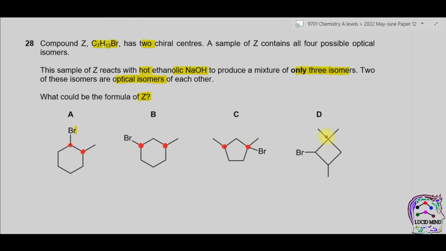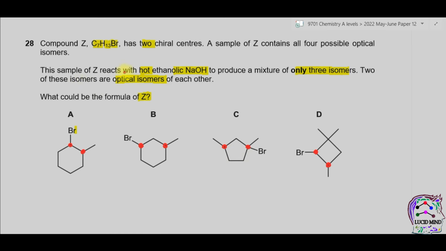So this carbon is not chiral because it is attached to 2 similar groups which are CH3. And this carbon is attached to a bromine atom, a hydrogen atom. Left side and right side are different. Similarly, this carbon is chiral. These 2 sides are different, and we have a hydrogen and CH3. So all of them have got 2 chiral centers.